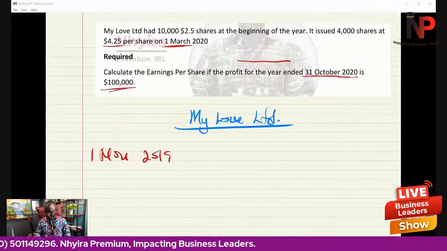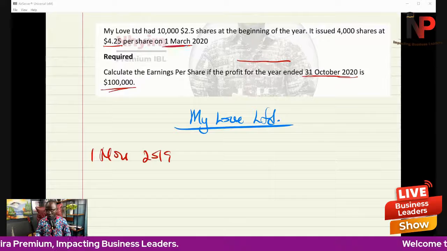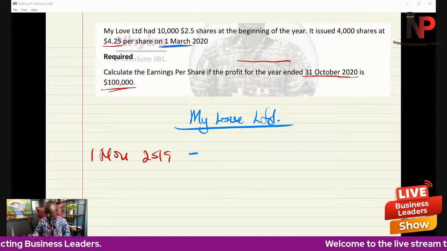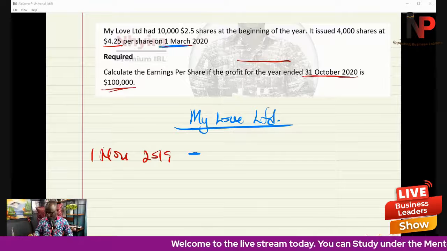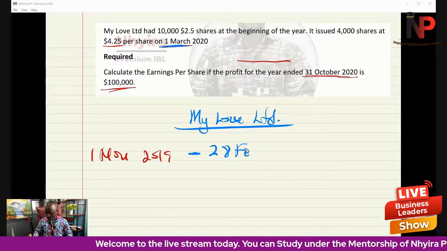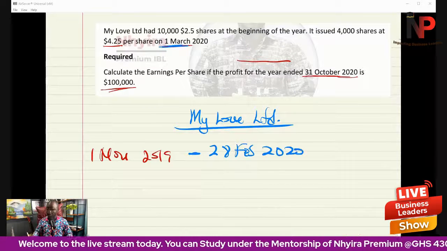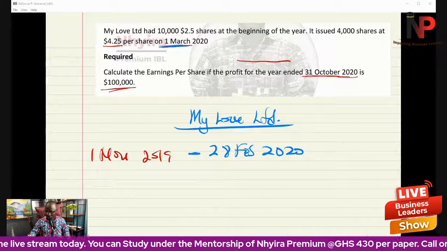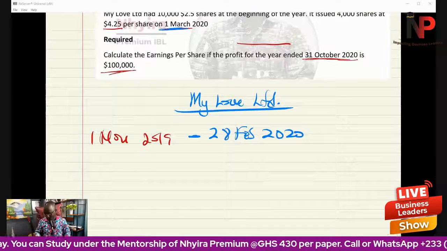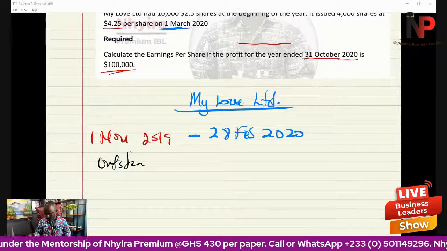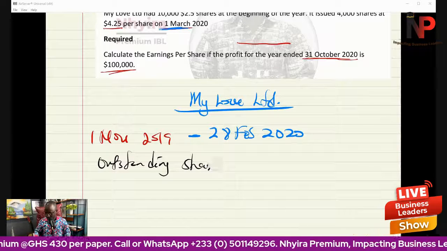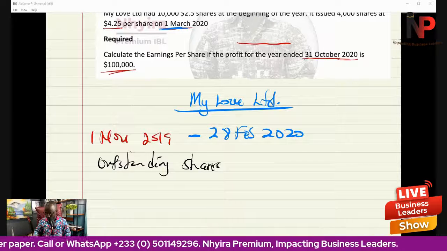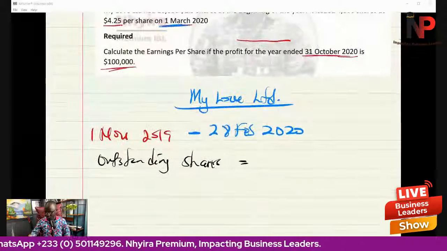Now, remember, they made an issue on 1st March. So from 1st November 2019 to 28th February 2020, they had outstanding shares of what was given in the question, 10,000.